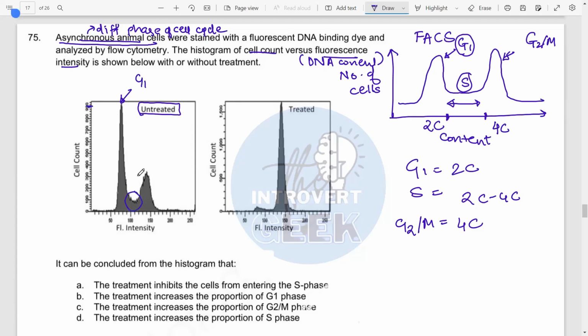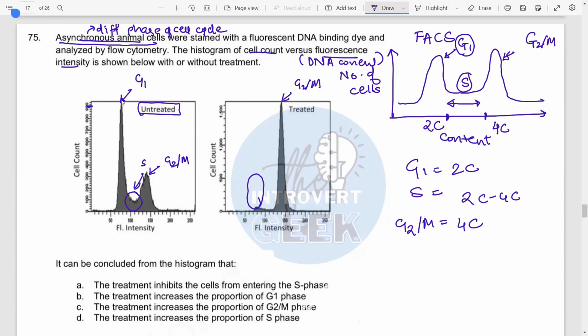A few of them right here are in the S phase, and these cells are in the G2 or M phase. In the treated one, as you can see, there are majority of the cells in the G2 to M. You can see there are practically no cells in the G1 phase. So now what must have happened?